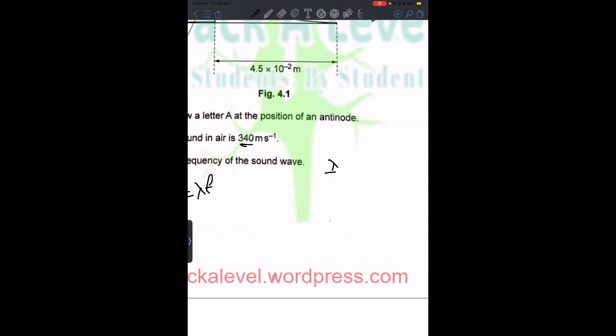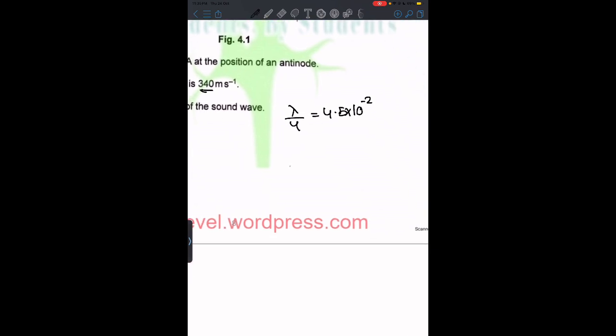So wavelength upon 4 is 4.5 × 10^-2. This is simple math. 0.25 lambda is equal to 4.5 × 10^-2. What will 1 lambda be equal to? You just cross multiply and find the value of x.